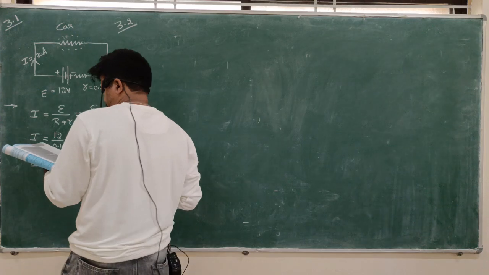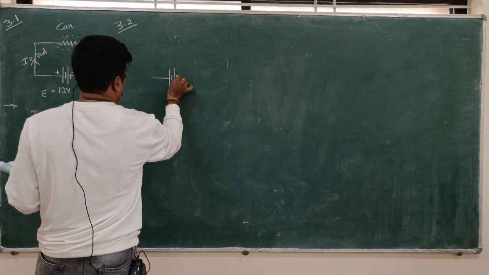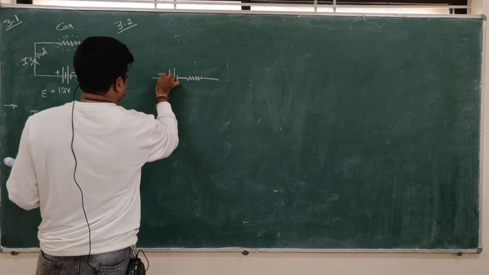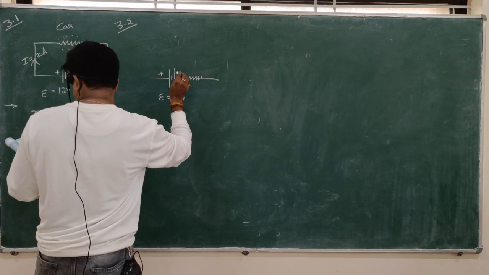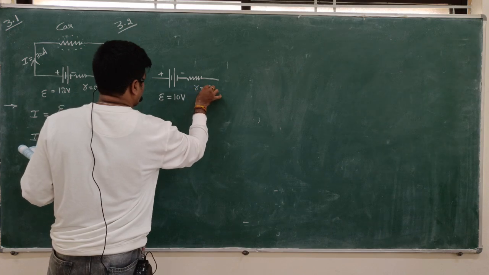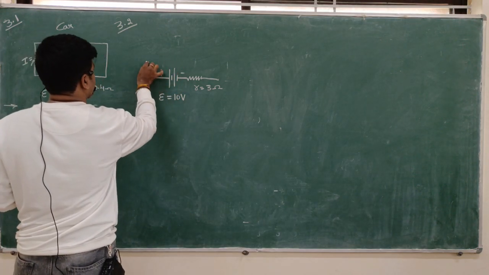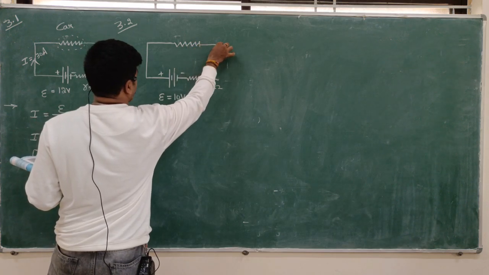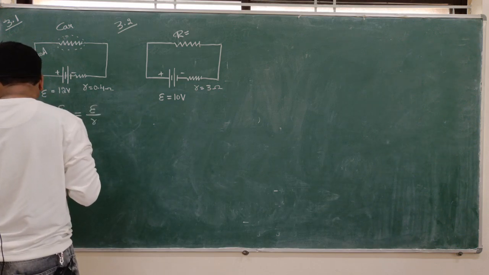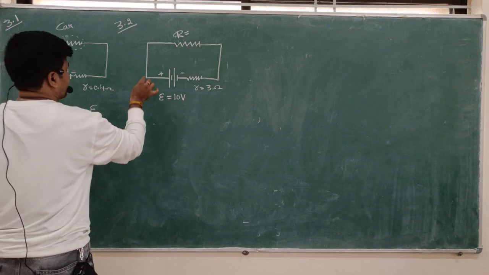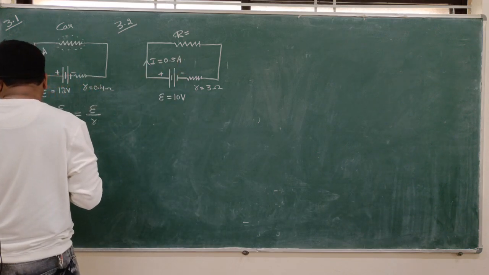A battery of EMF 10 volt and internal resistance r is equal to 3 ohm is connected to a resistor, an external resistor, that is capital R. If the current in the circuit is 0.5 ampere, the current I is equal to 0.5 ampere. What is the resistance of the resistor?